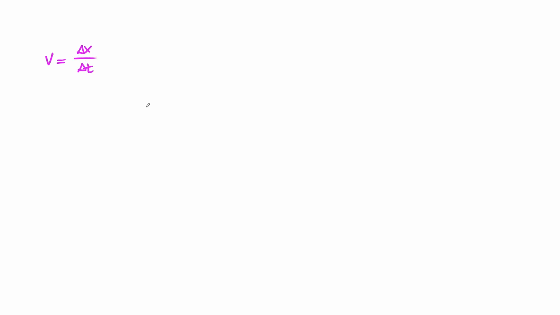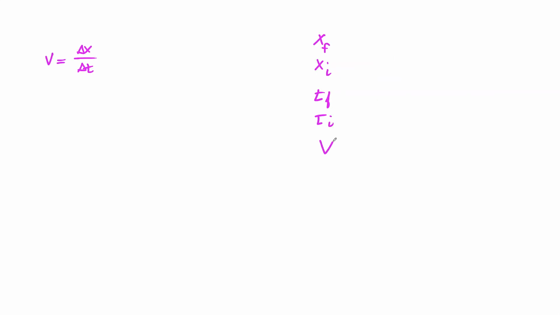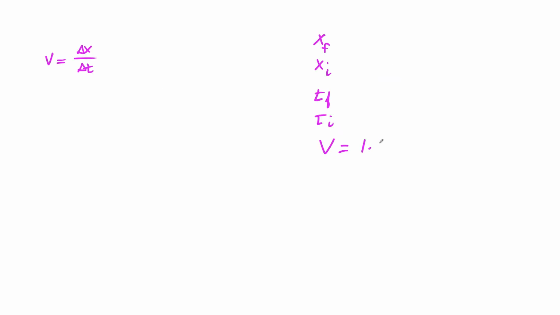Now let's see how we get these variables. We've got x final, x initial, final time, and initial time. We have velocity: 1.2 times 10 to the second kilometers per hour.